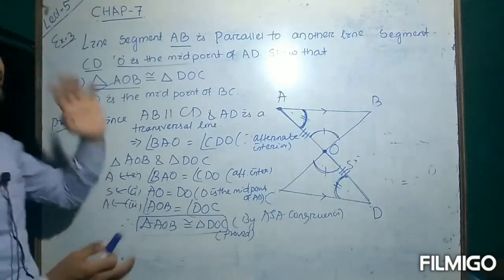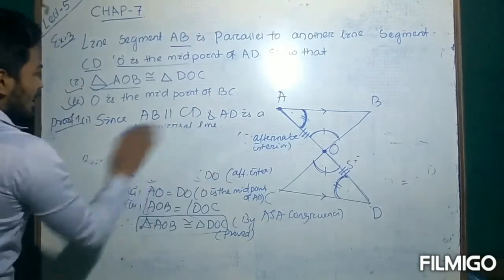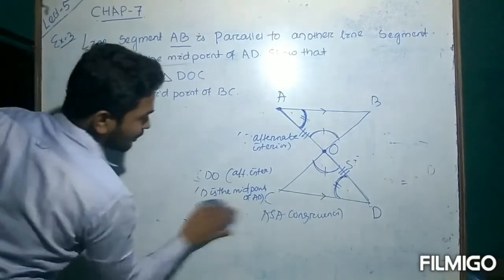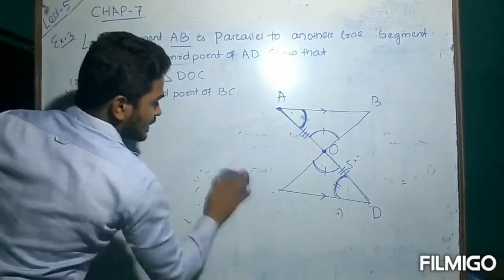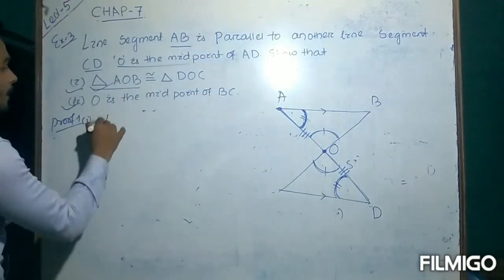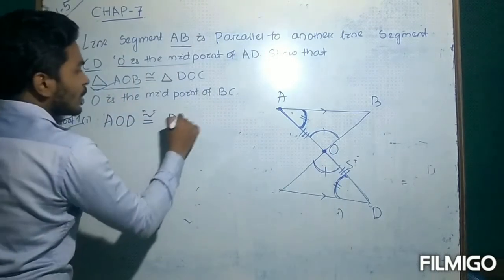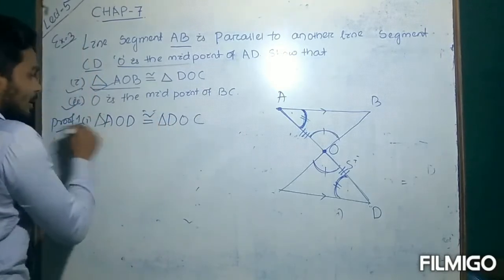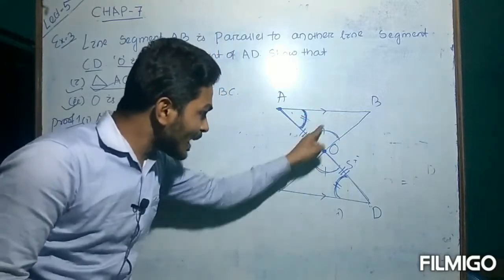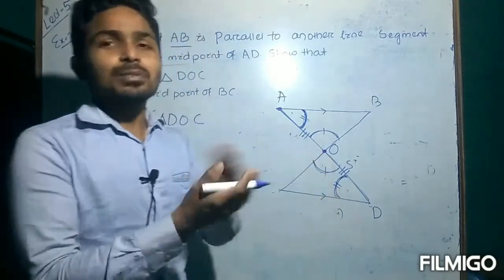Next, coming to the second statement. So let us prove the second statement. Since from the first statement we have proved that this triangle AOB is congruent to the triangle DOC, and we know according to the axiom 7.2, if two triangles are congruent, then their corresponding angles are equal and corresponding sides are also equal.